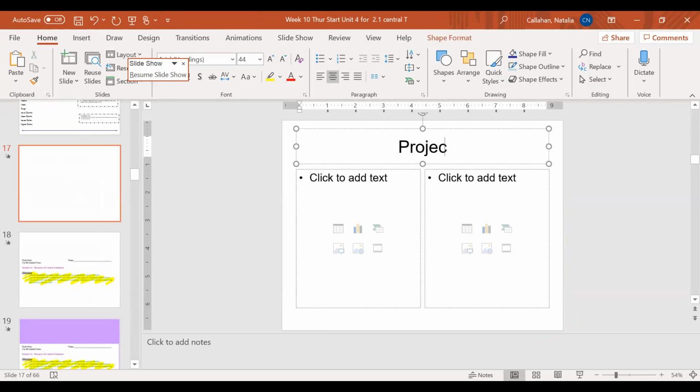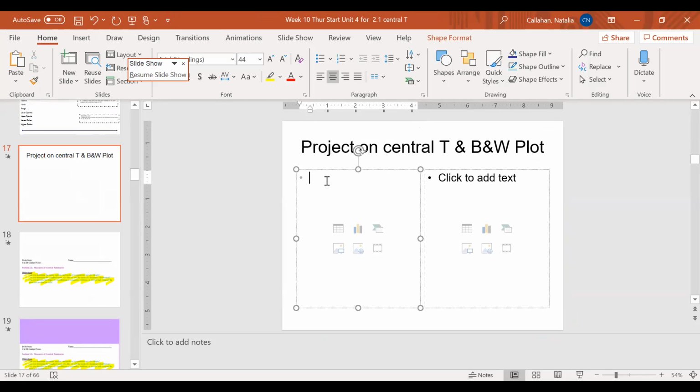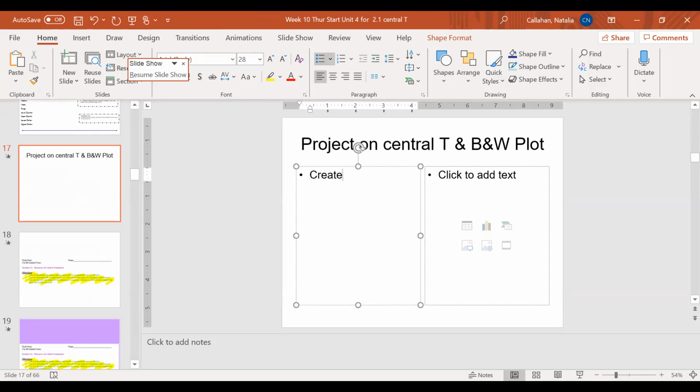So this is your project on central tendency and box and whisker. You are going to create a scenario using descriptive words to describe the situation.